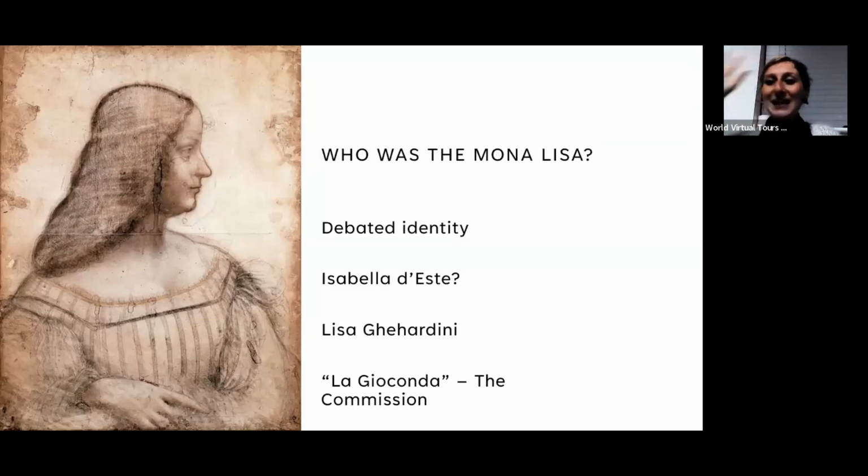The debated identity of this woman has been something that has captivated historians and people for time immemorial. I mean, right now we have pretty clear ideas as to who she was, but there has been a very recent suggestion that has promoted the debate even further, which suggests that the inspiration for the Mona Lisa was maybe Isabella d'Este.